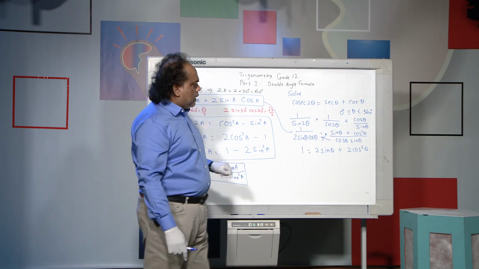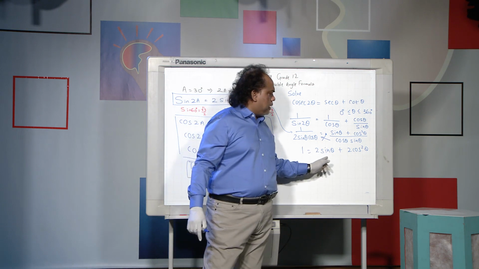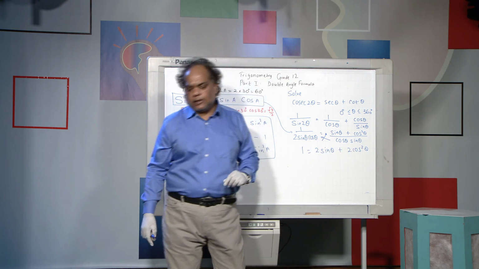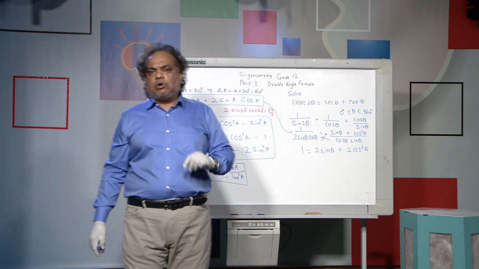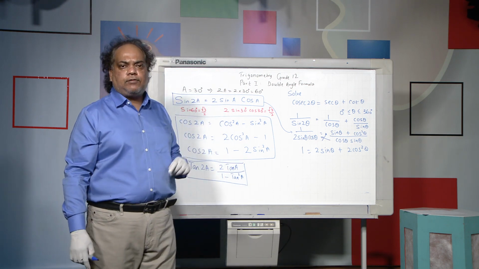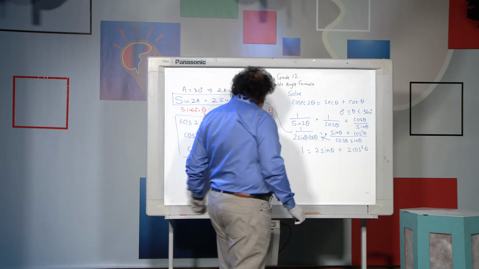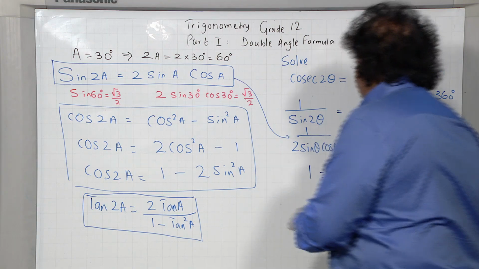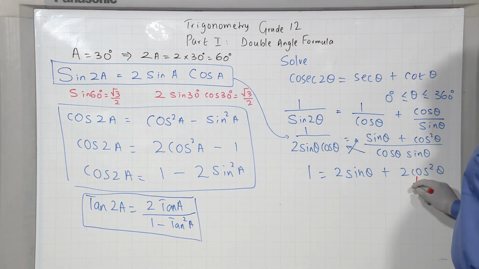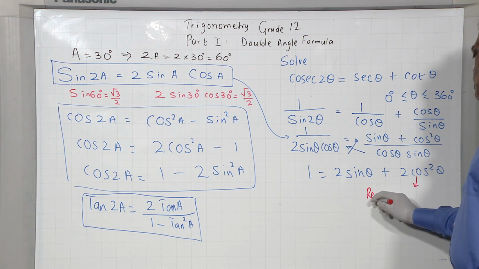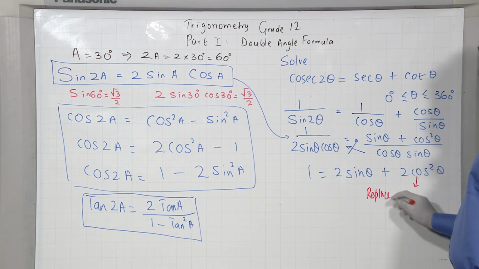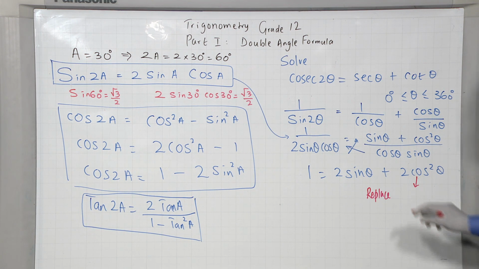That's why I will decide to either replace sine theta or cos squared. Can you tell me which one would be easier? Sine theta or cos squared theta? Of course, cos squared theta. So what are we going to do? We are going to replace in terms of sine.